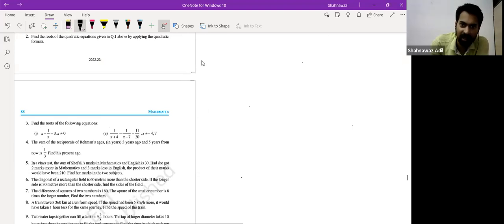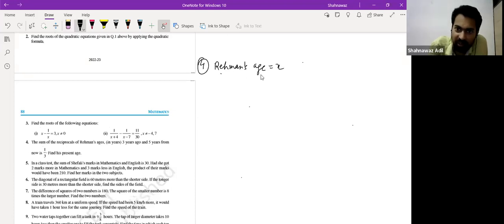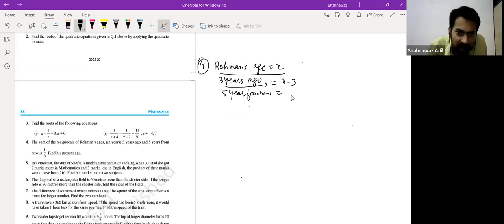Let the present age be x. Rahman's present age is x. So 3 years ago, what would be Rahman's age? x minus 3. And what would it be 5 years from now? So this would be x plus 5.